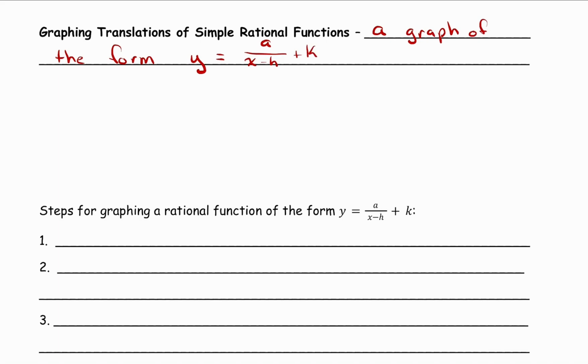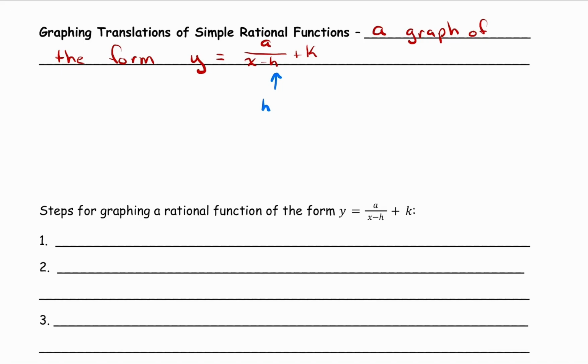And as I hope you've heard before, maybe when you're talking about quadratics, h is going to be your horizontal shift, and k is going to be your vertical shift.